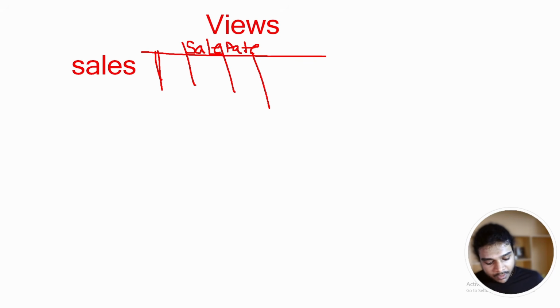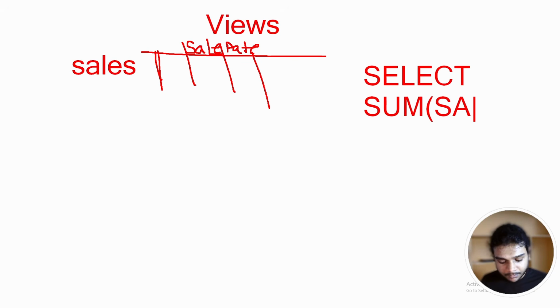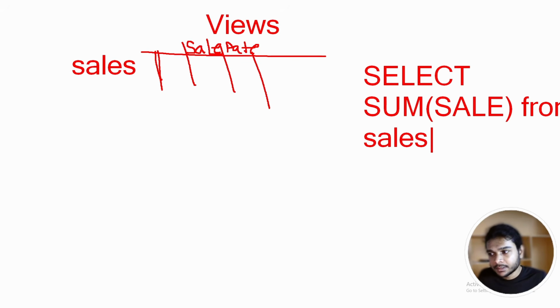What do you do? You just write a query saying select sum of sale from sales. You write this query, right? And you execute it, and this returns the sum of sales.